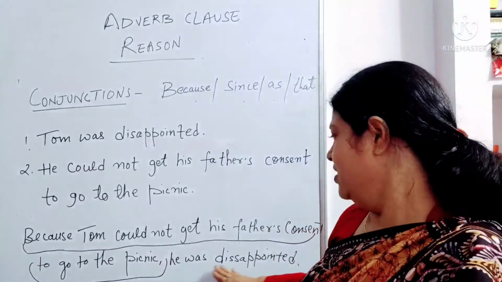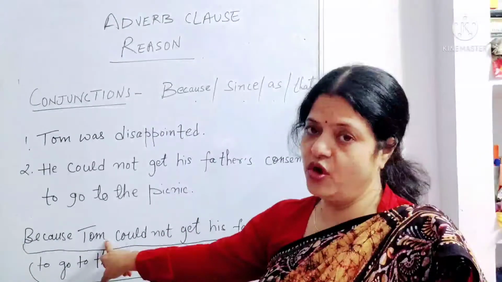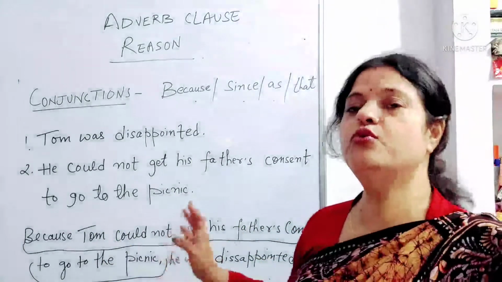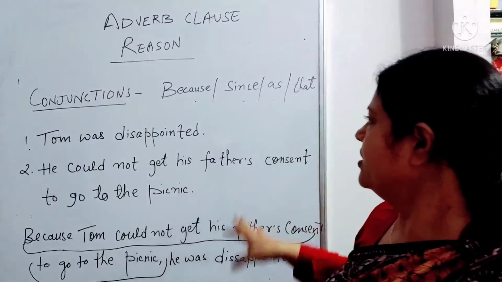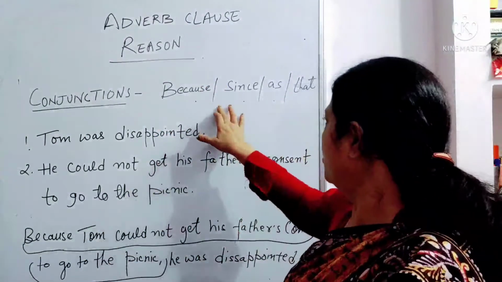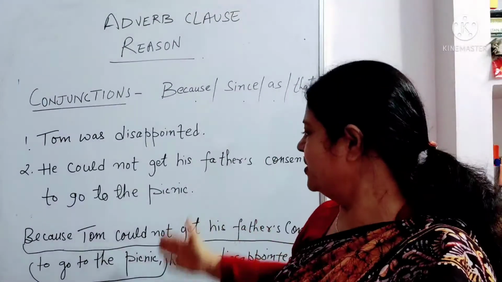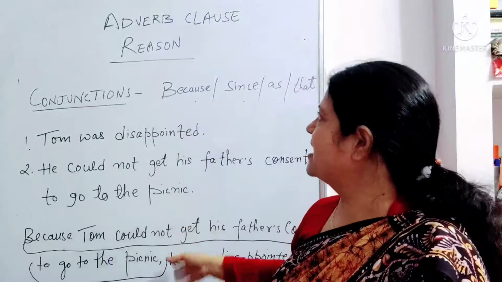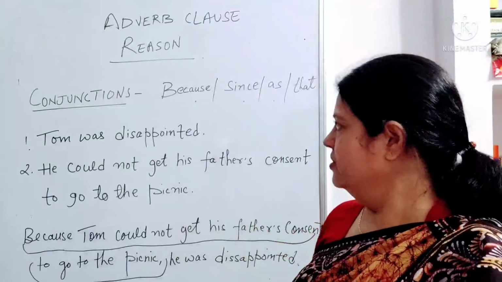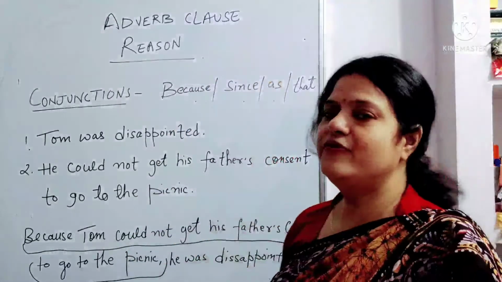So Tom was disappointed because he couldn't get his father's consent to go to the picnic. Now one more thing: you can write since, because, as, that. These four conjunctions can be used for this adverb clause of reason. Okay. So I hope you are able to understand this adverb clause of reason.